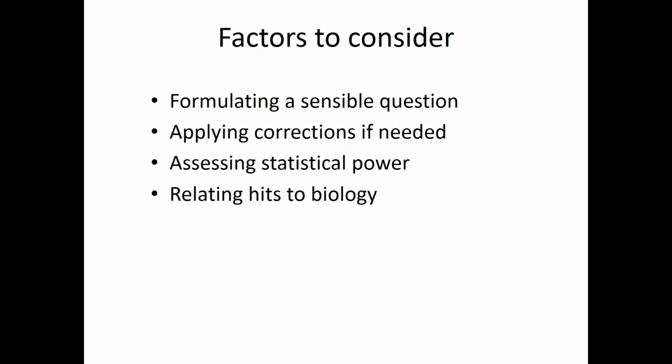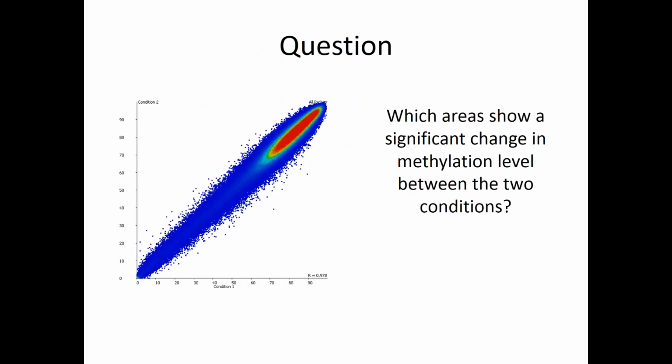So let's start with the question that you want to ask. The question most people think of when they look at differential methylation is to take the two sets of methylation values from two different conditions and directly compare them to say what's not the same between the two conditions. And if your overall relationship between your samples looks like this, that's a perfectly sensible question.